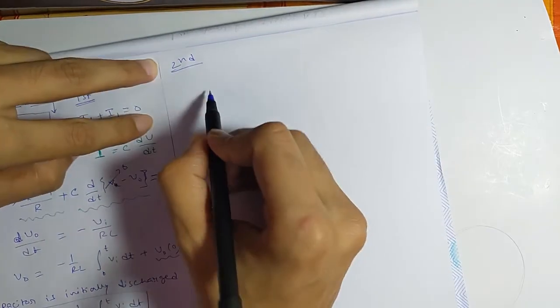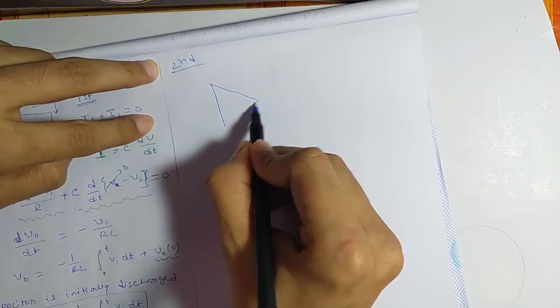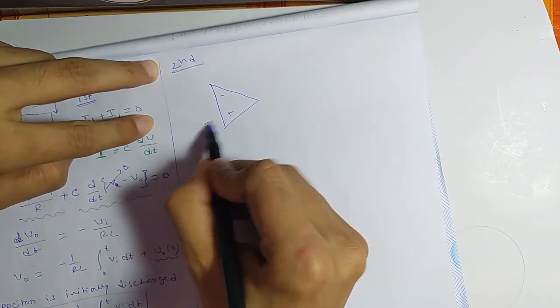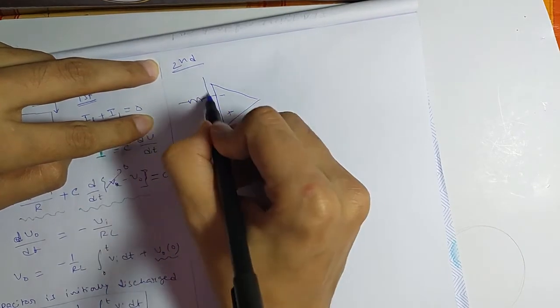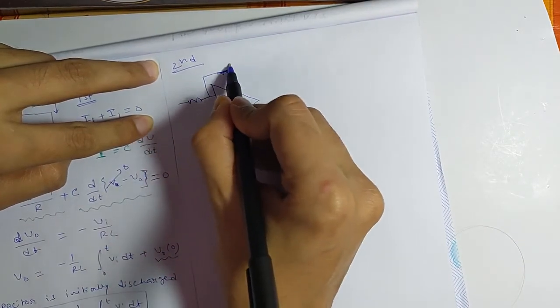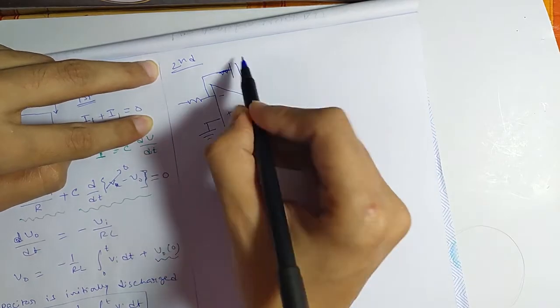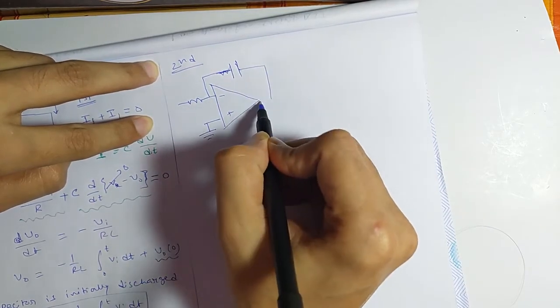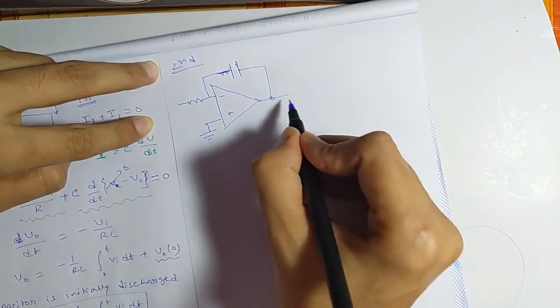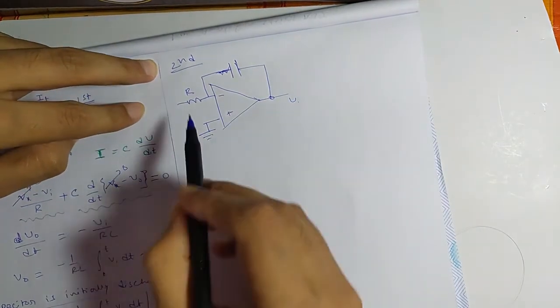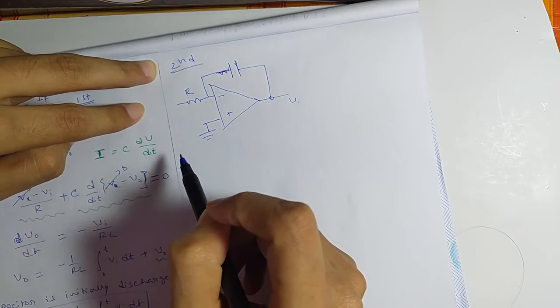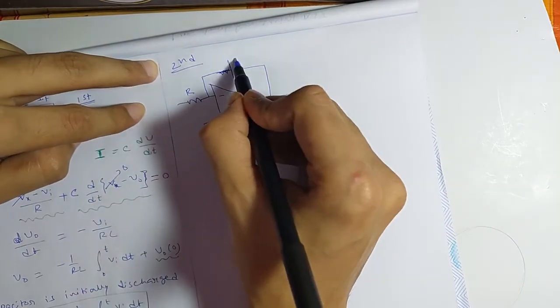So in this method, what we'll do is replace each element here by its Laplace domain representation.